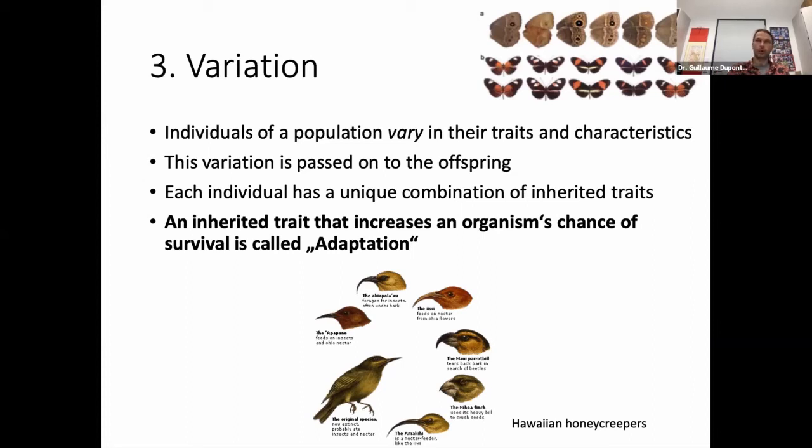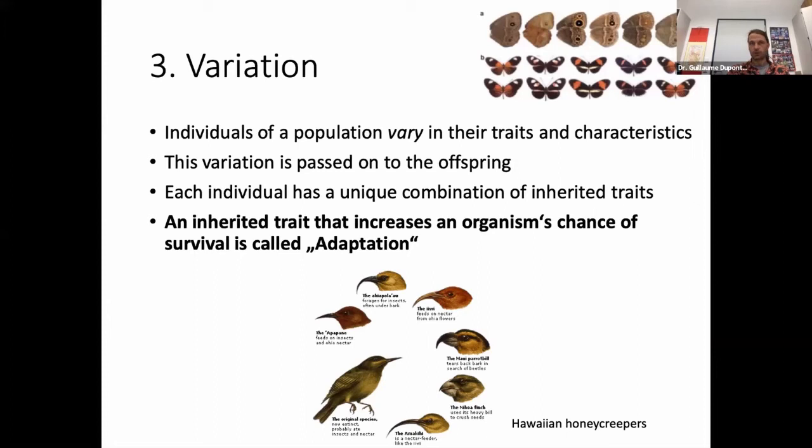That could be coloration, it could be size, shape of certain things, it could be behavior, it could be certain physiological mechanisms, and so on. And this variation is passed on to the offspring. And if the offspring has inherited a trait which increases its chance to survive, then we have an adaptation.